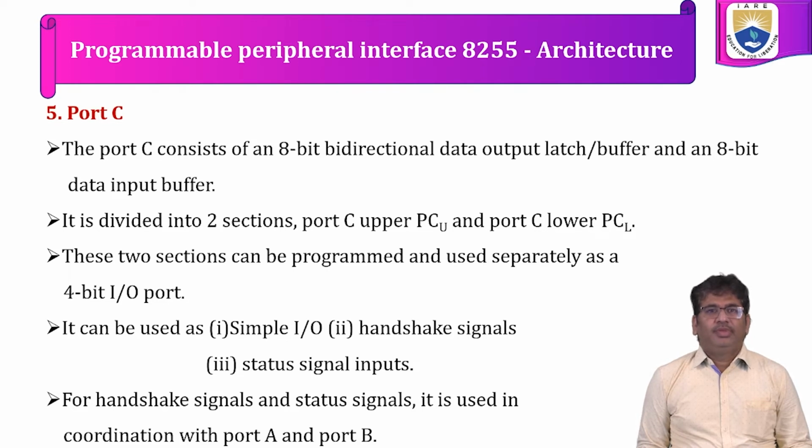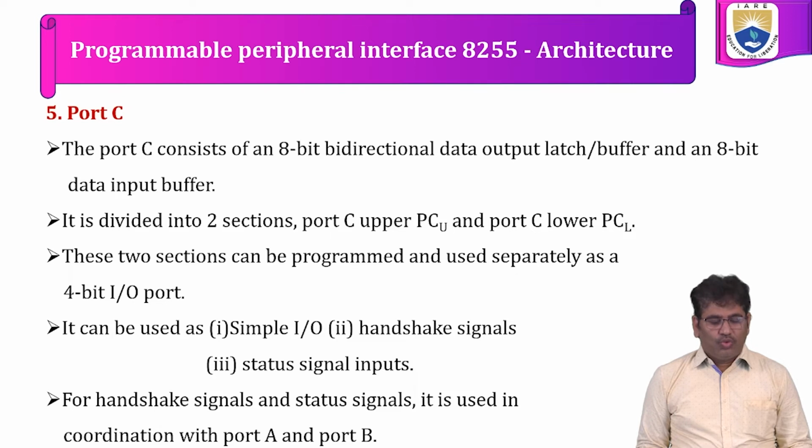Port C. Port C consists of an 8-bit bidirectional data output latch or buffer and an 8-bit data input buffer. It is divided into two sections, port C upper, which we refer to as PCU, and port C lower, which is PCL.